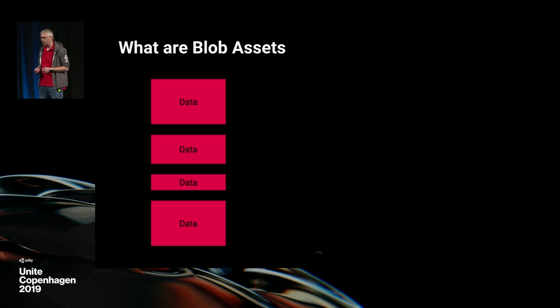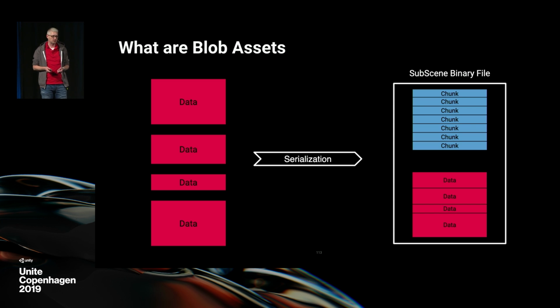So let's just start with what are blob assets. They are a really simple concept. It's just data. It's data that you allocate during conversion that is then serialized into your SubScene binary file. And you can have as many of these as you want.